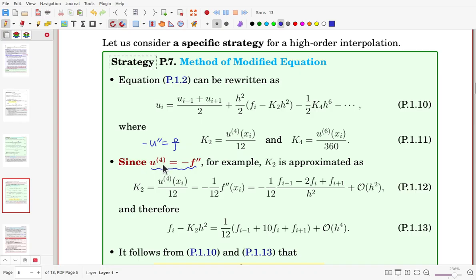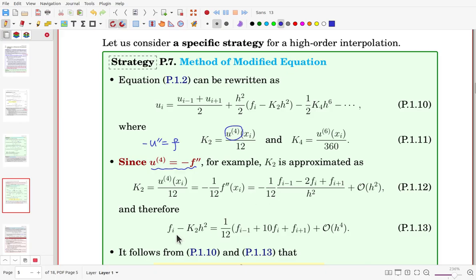Now, the fourth derivative of u here will be replaced by this term. Then for this second derivative of f, we can again make a numerical approximation for the second order term, and the error will be order h squared.